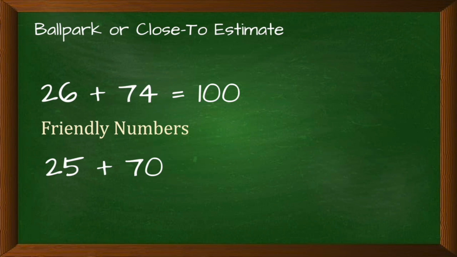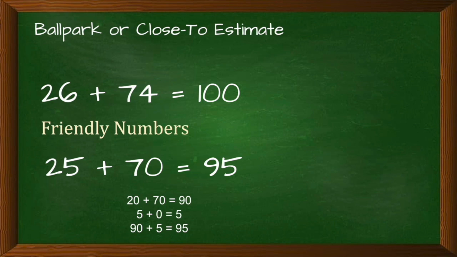I can do that too. 20 plus 70 is 90, 5 plus 0 is 5, and 90 plus 5 is 95. Now this time my estimate isn't exactly the same as my answer, and that's okay. They're pretty close to each other, which makes me think my answer probably makes sense.